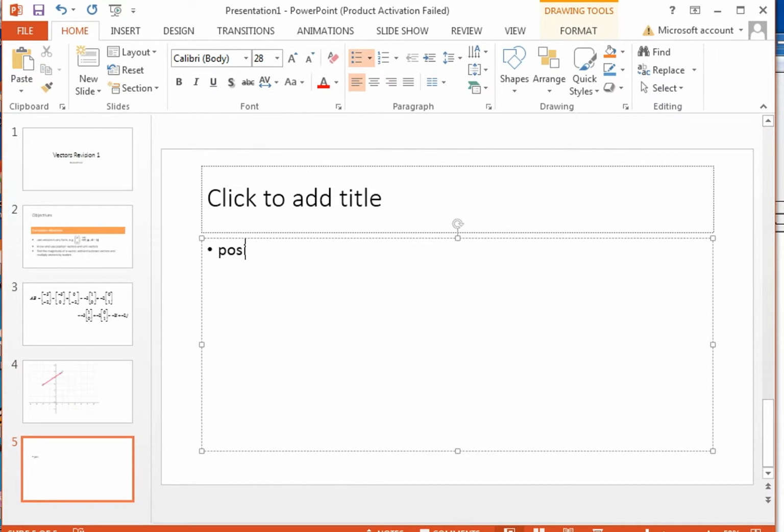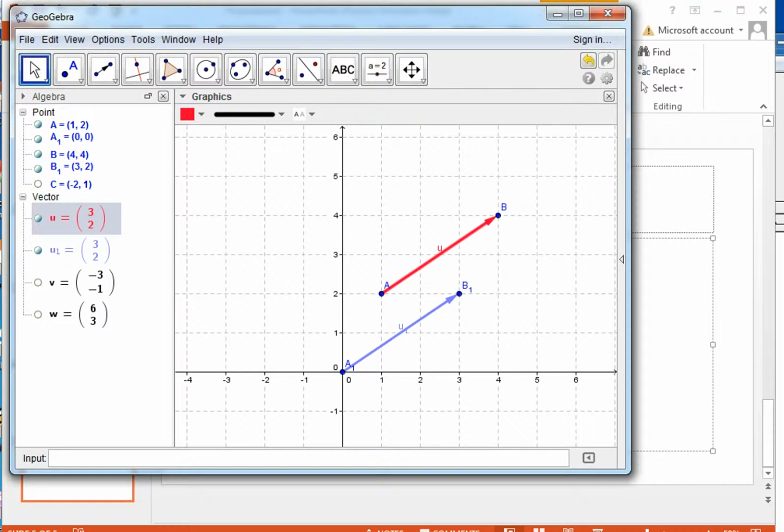So position vector is the vector from the origin. There you go. Now, if that is the vector from the origin, another thing that you're going to see is that these two here are actually parallel with each other.